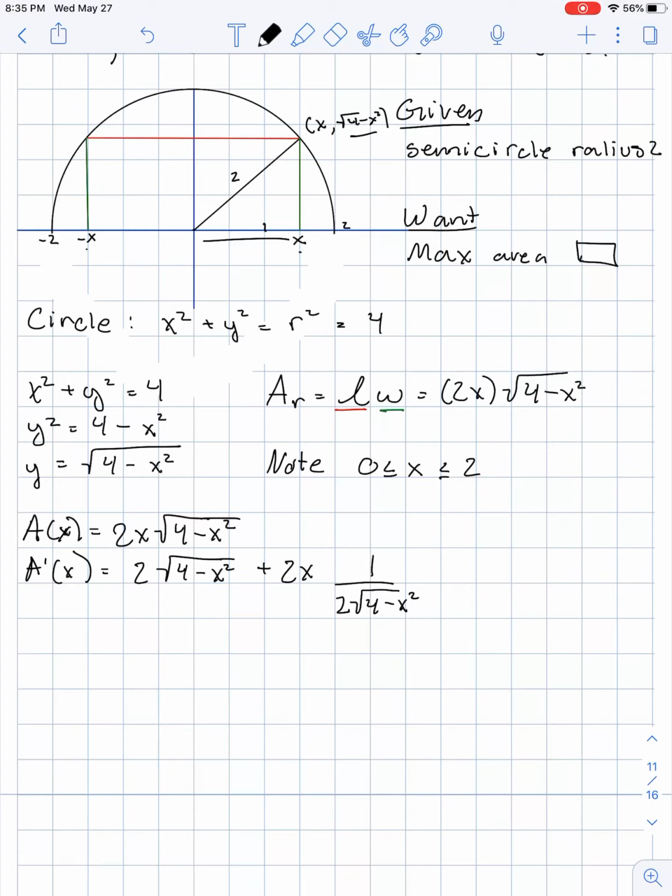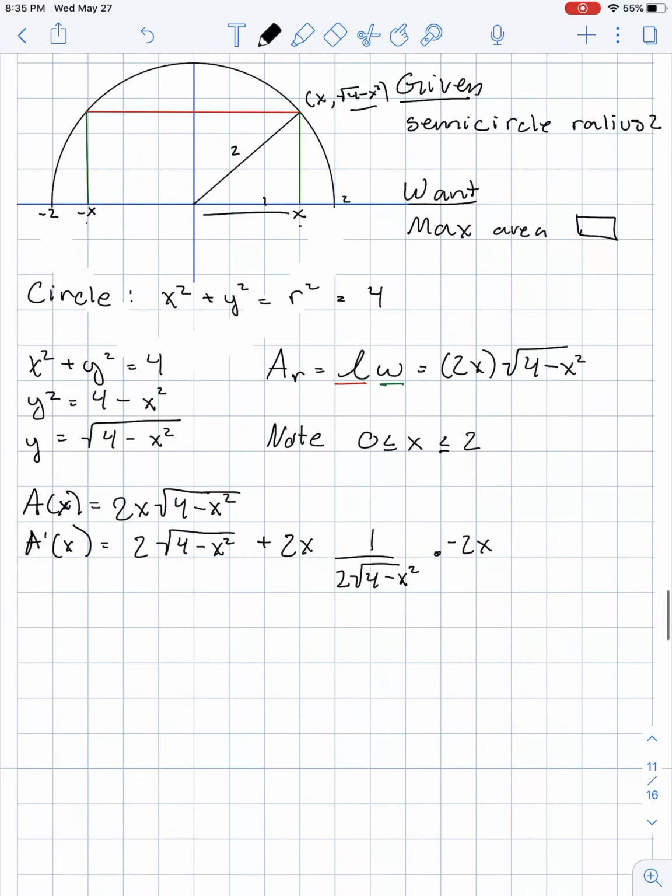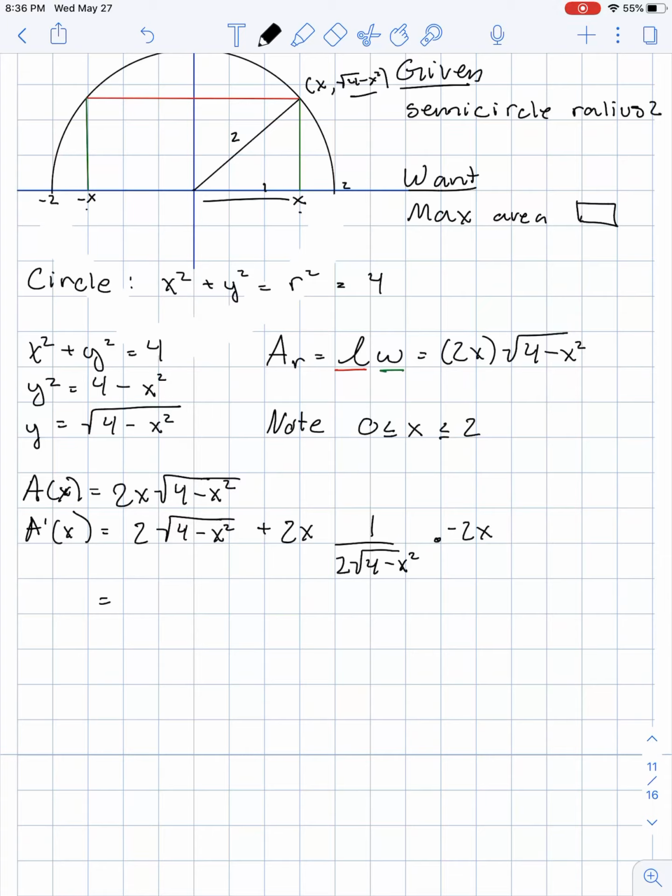That was the derivative of the outside with the inside still the same, times the derivative of the inside. So the derivative of 4 minus x squared is going to be negative 2x.